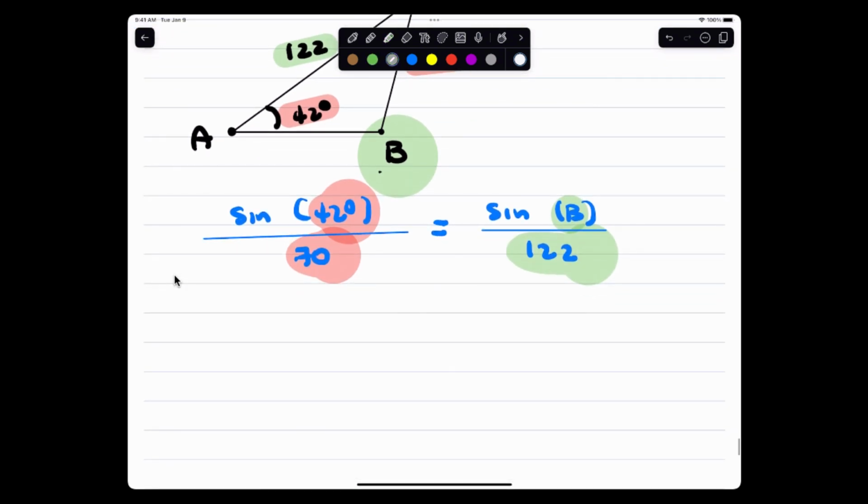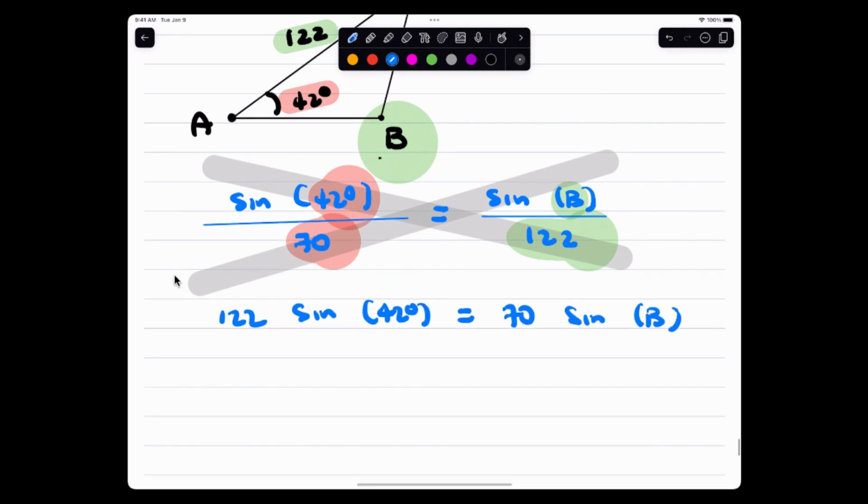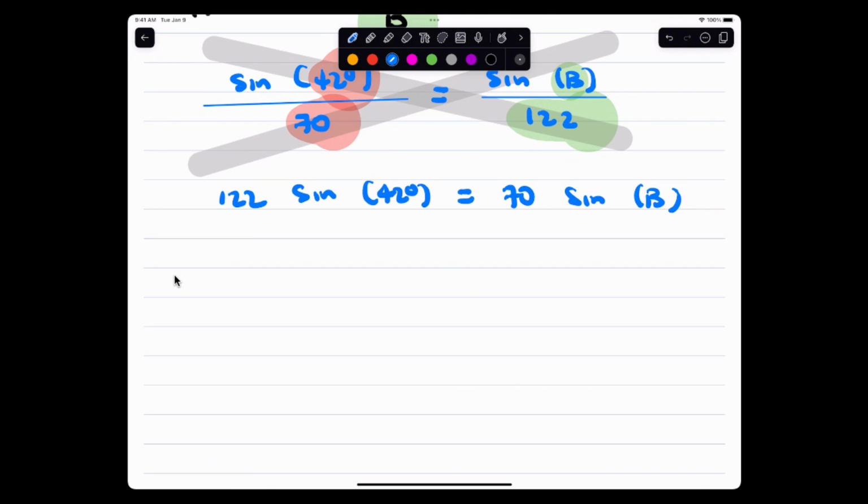Okay, let's cross multiply. Cross multiply. Could you guys solve for sine b? Yes. Divide both sides now by 70.